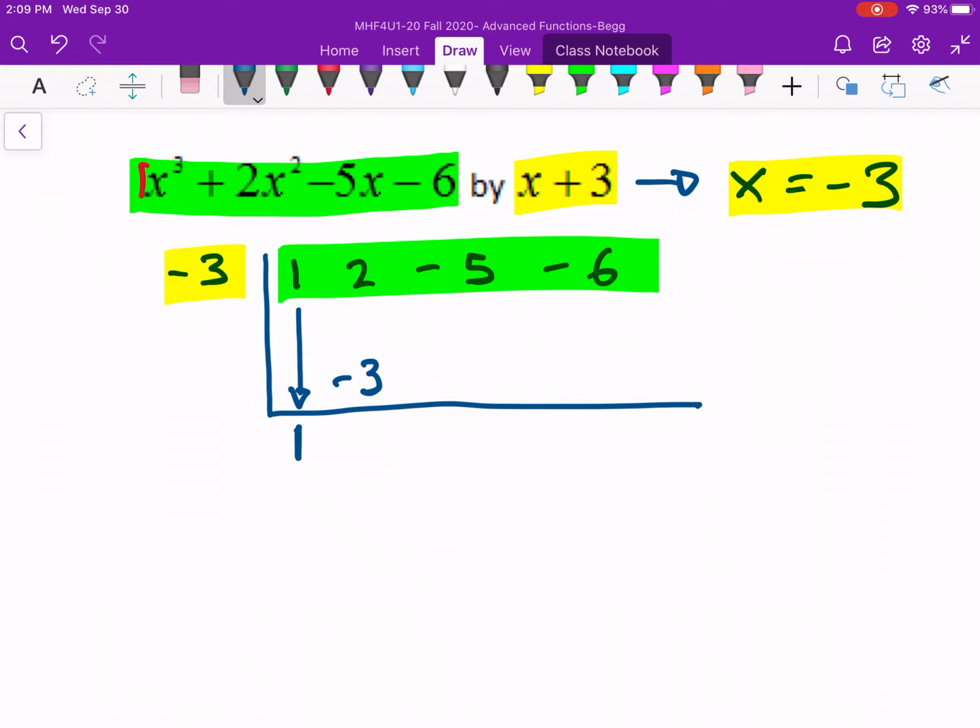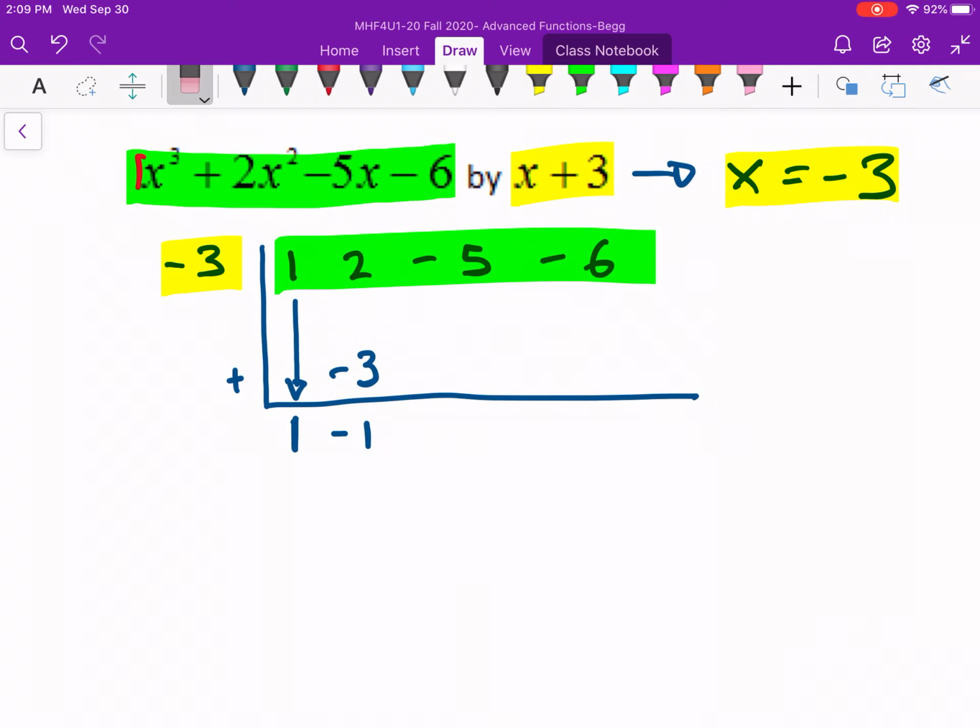Then what I want to do is add these two numbers together. So we're always going to be adding with synthetic division. In long division we subtract, in synthetic division we add. So we've got to be careful that we're clear on which one we're doing. So 2 plus negative 3 is equal to negative 1. And then I can do it again.